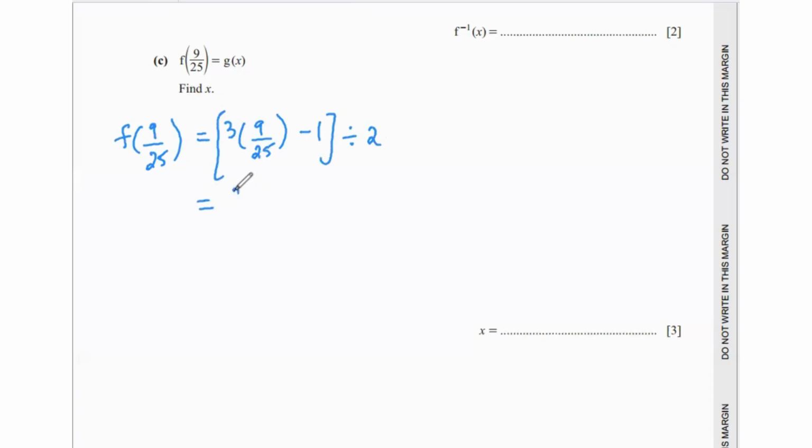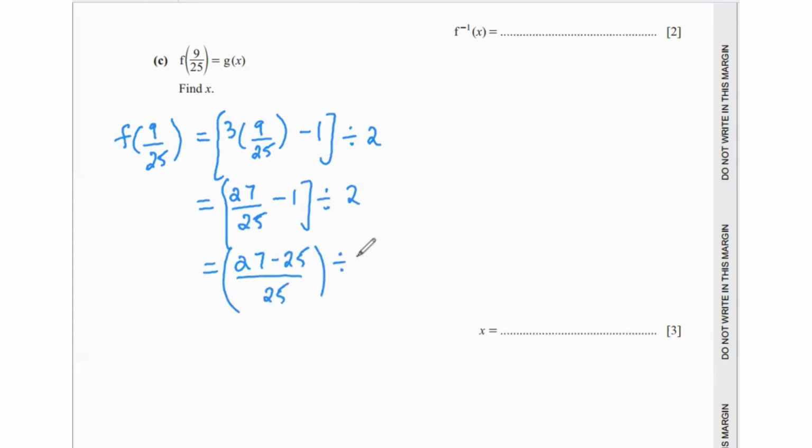So that's 27 over 25 minus 1, divided by 2. 27 minus 25 over 25 is divided by 2. And that's going to be 2 over 25. Now divided by 2 can be rewritten as times 1 over 2. So that's going to be 1 over 25.